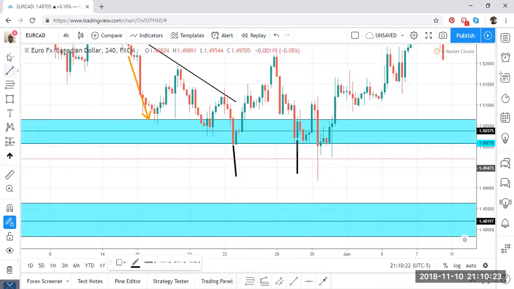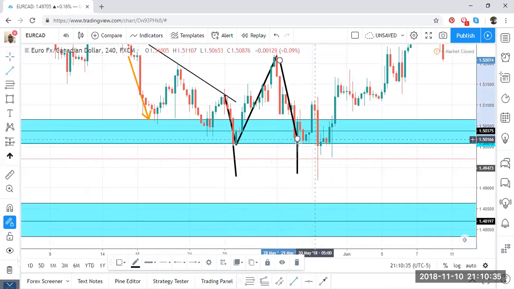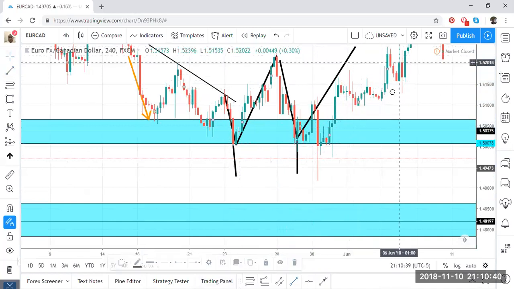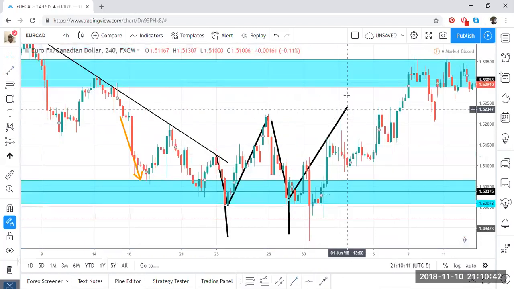All right, so this is the first touch where price came down and stopped on my zone. It went up, came back down, and it didn't come down as low. And this is what I would have been looking for ultimately, for it to go up to my next zone.